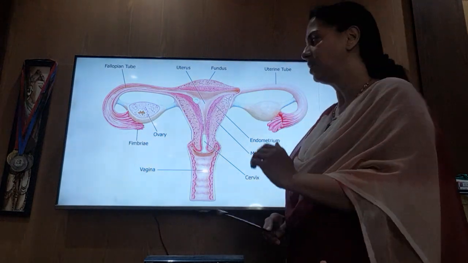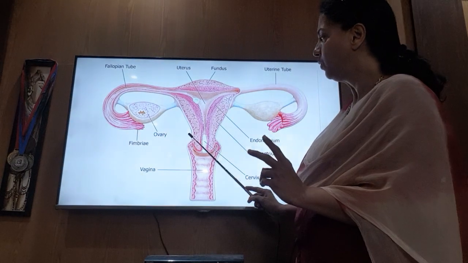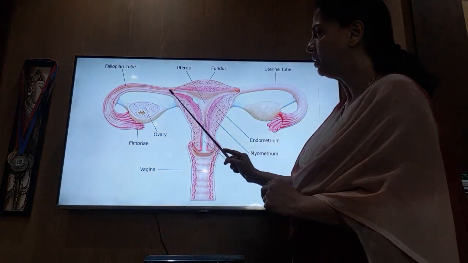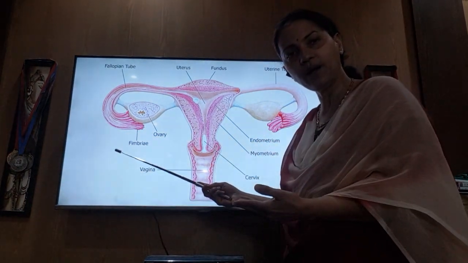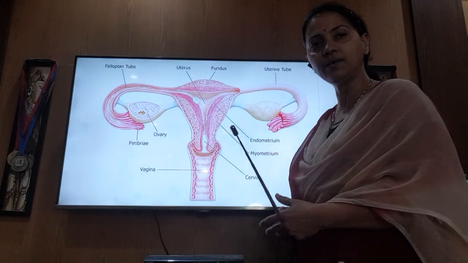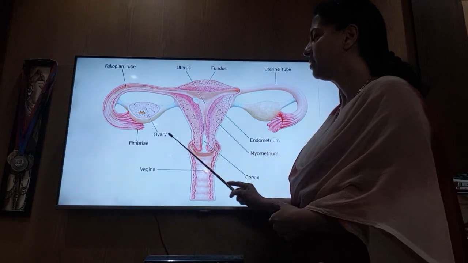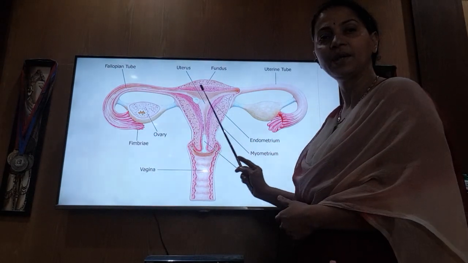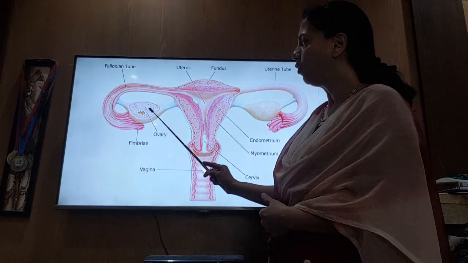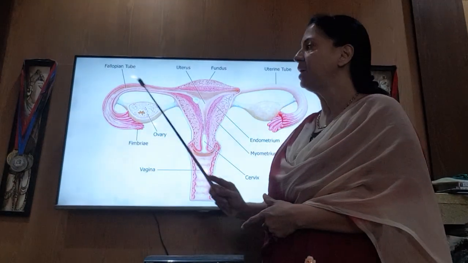So same way here in the broad ligament, we will find uterine artery, ovarian artery, the counterpart of both arteries, the veins, the lymphatics of both the areas, then the nerves, nerve plexus, sympathetic as well as parasympathetic, because ovary also had both sympathetic and parasympathetic nerve supply.